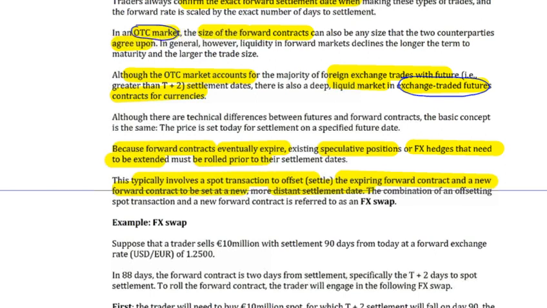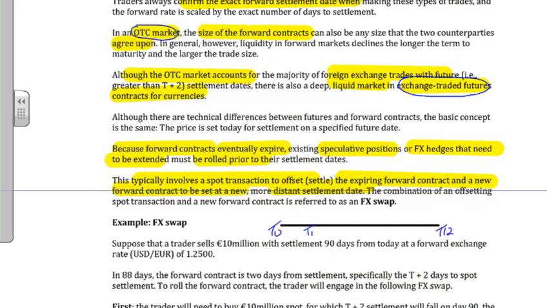So just very briefly, let's say, for example, here are your periods, and look what would happen. Say you needed 12-month protection or a hedge, whatever we spoke about, and you entered into a forward contract. Now that forward contract expires after 3 months.